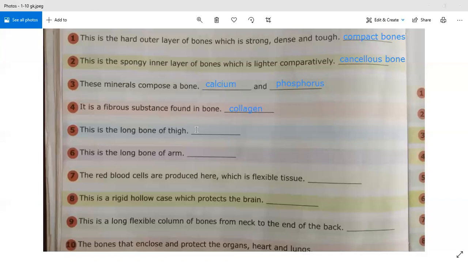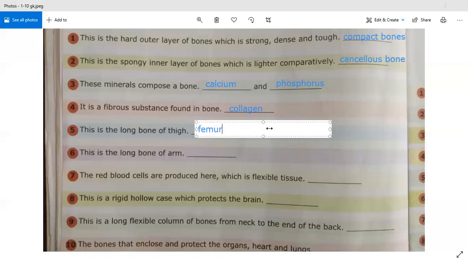You have to learn GK to enhance your knowledge. So I'm giving you one experiment. Just touch your thigh. Do you feel a very long bone in your thigh? And are you curious to know the name of that long bone found in your thigh? Yes, its name is femur.